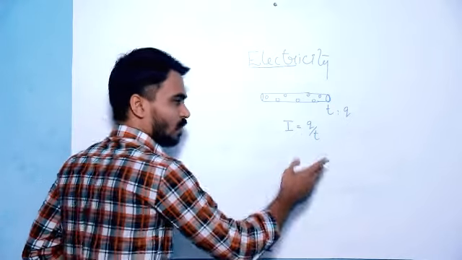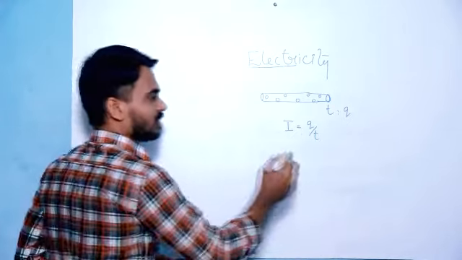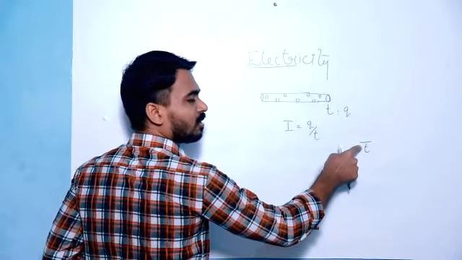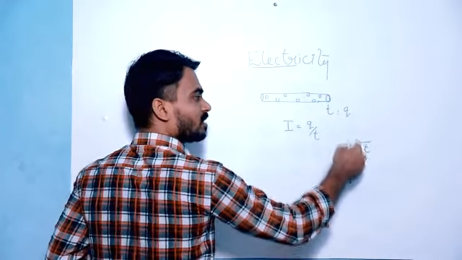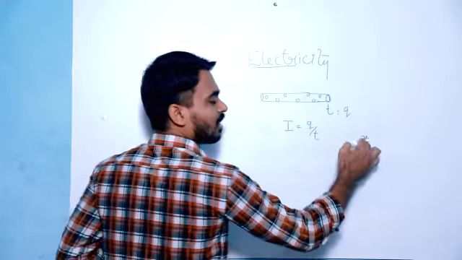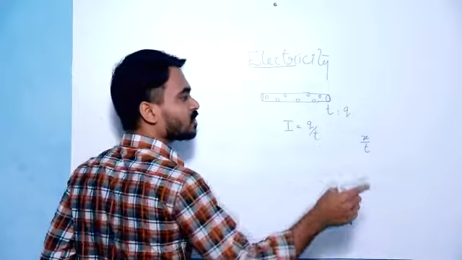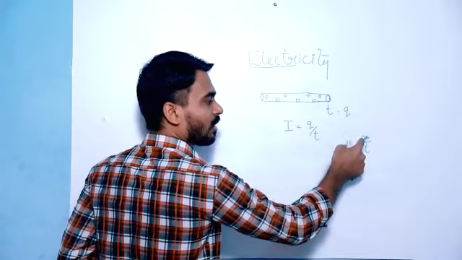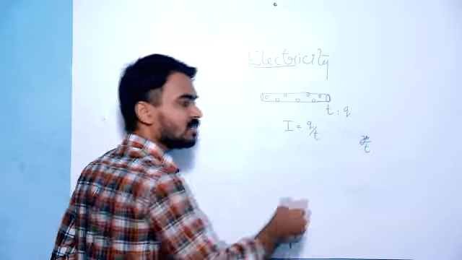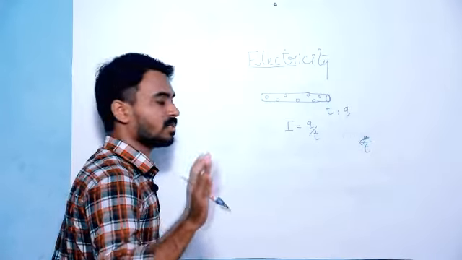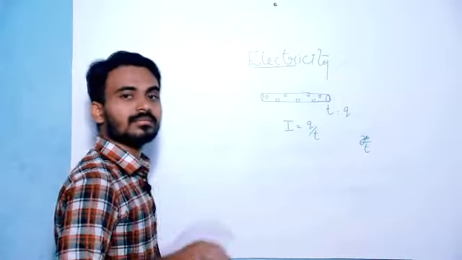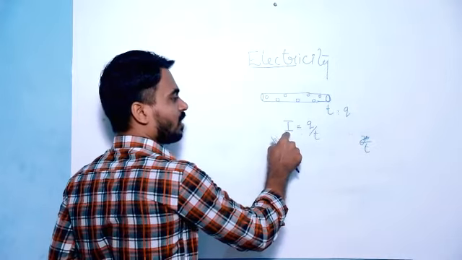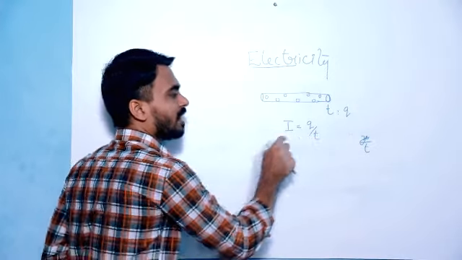Now when you are studying physics, if you see a term like some quantity by t, for example x by t, it means rate of x. If it is y by t, then it means rate of y. So by t is always the rate of some quantity. Same way, here I write I is equal to q by t.